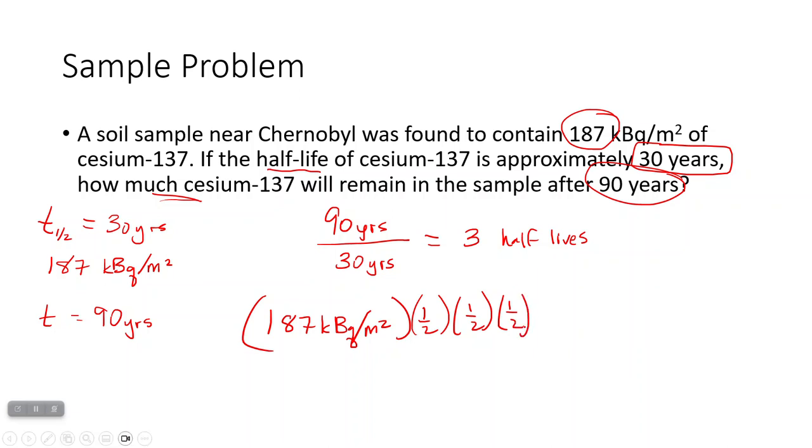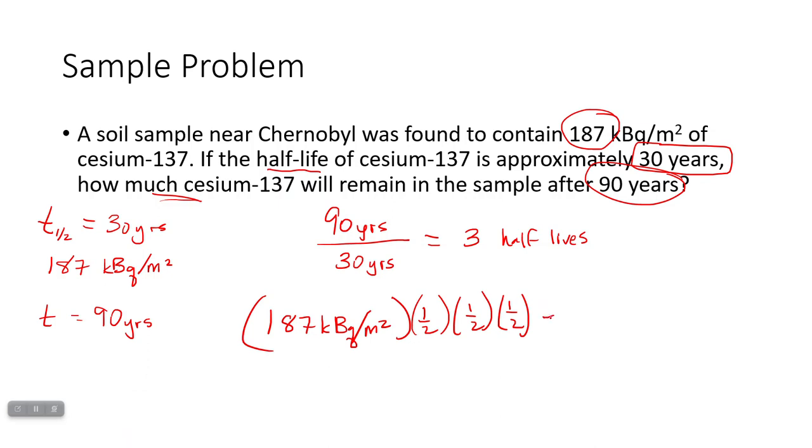And that's going to give you a final answer of 23.375 kBq per meter squared. So that's how much you'll have left after 90 years. If you need more help with half-life problems, come see me in class or during tutoring.